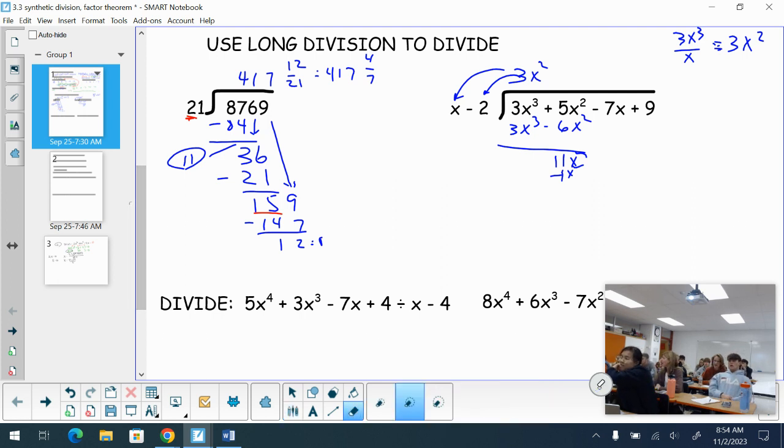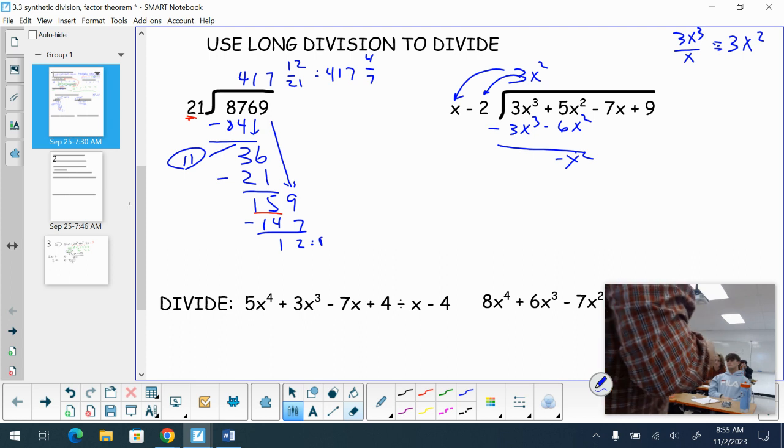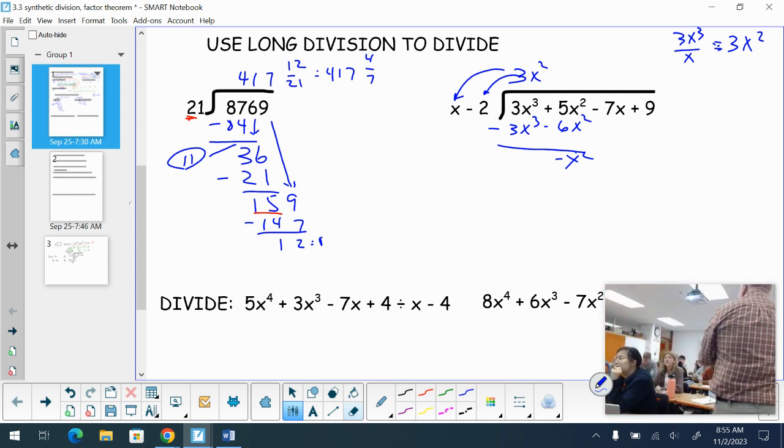If you said this is negative x squared, because 3x squared minus that cancels out, but 5x squared minus 6x squared is negative 1x squared, you just proved that 87 minus 84 is equal to 11.